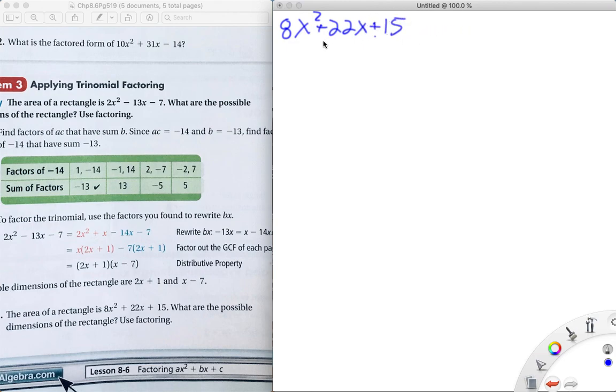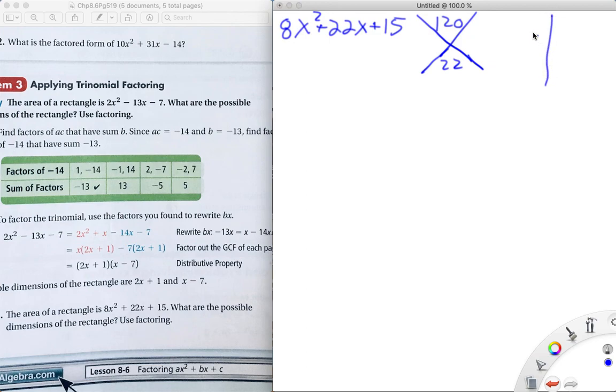If we do our diamond method, 8 times 15, remember the a times the c term, is equal to 120. And when I add these factors up, it's going to give me 22.